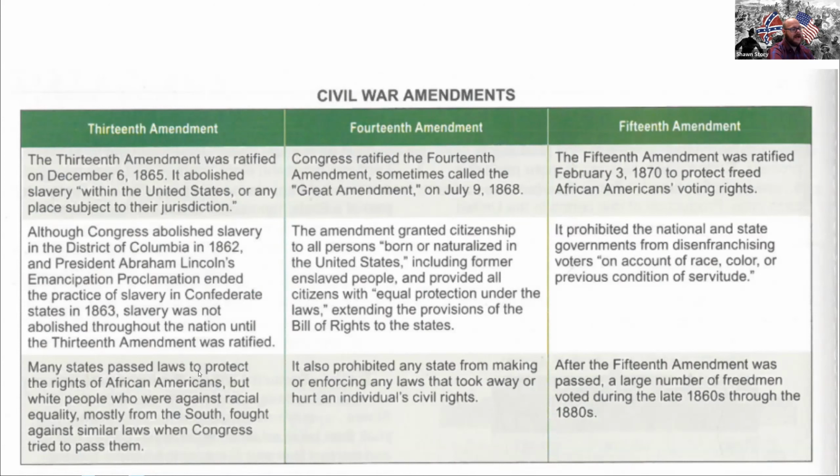Many states passed laws to protect the rights of African Americans, but white people who were against racial equality, mostly from the South, fought against similar laws when Congress tried to pass them. But in 1865, slavery is now officially illegal and abolished in the United States.